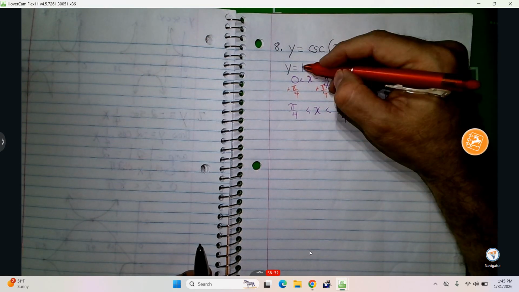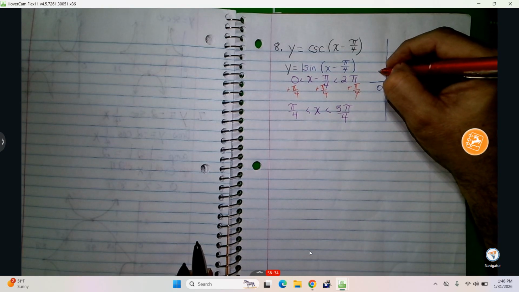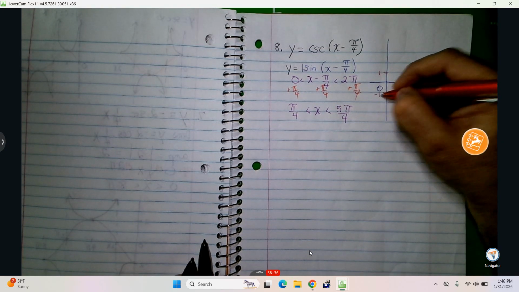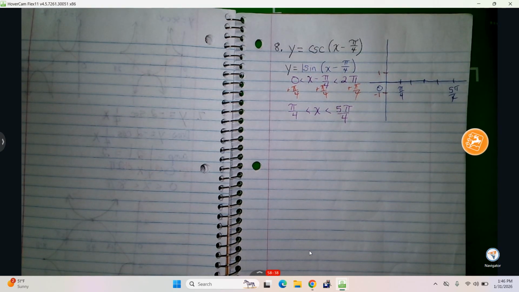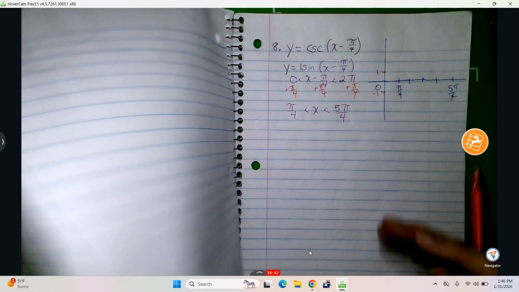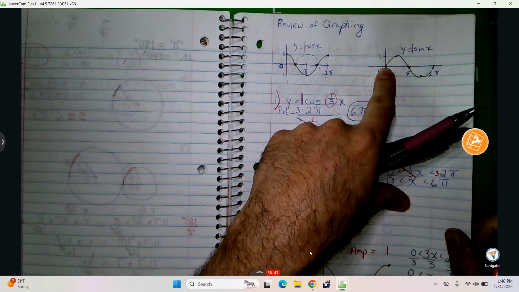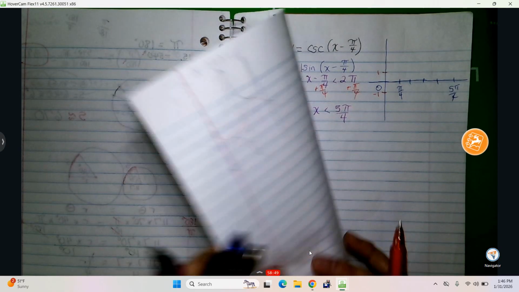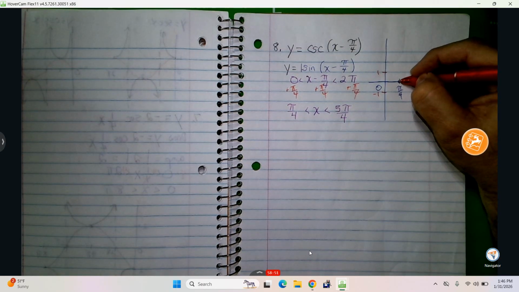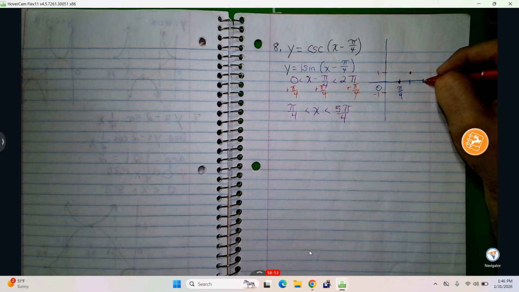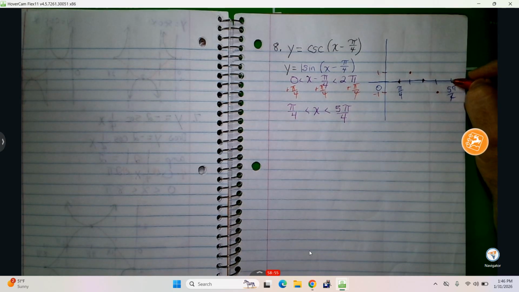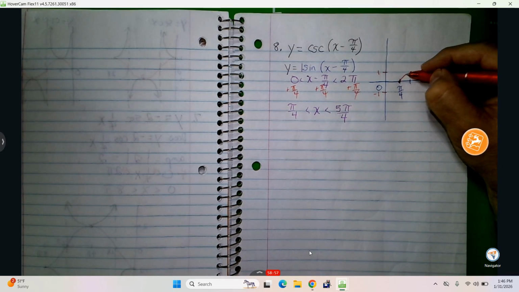That was the amplitude. And sine x has amplitude. Cosecant x doesn't. And I'm just going to draw my 5 sine points. 1, 2, 3. This starts on the horizontal axis. So 1, 2, 3, 4, 5. There's sine.